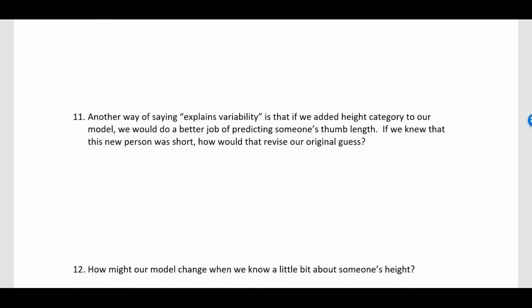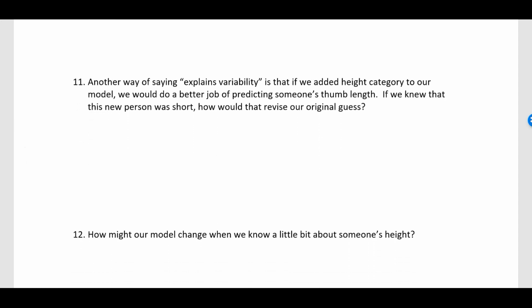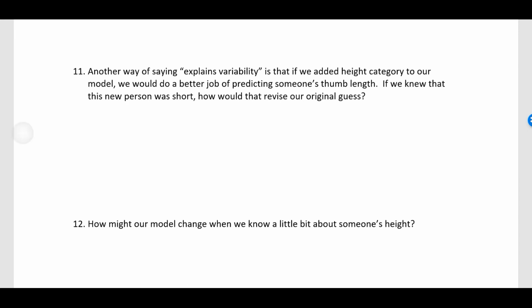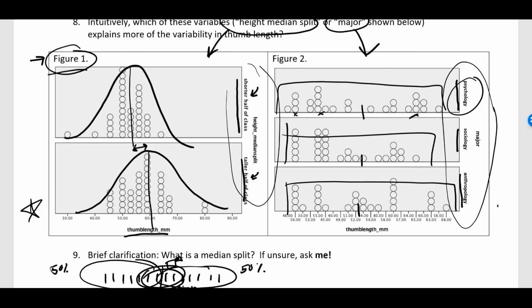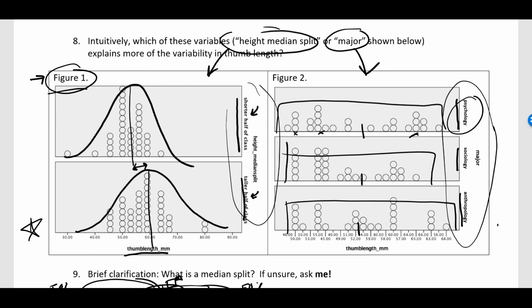We would do a better job of predicting someone's thumb length. So if we knew that person was short, how would you revise our original guess? Look back at your data and consider just the short half of the class. What value might you choose as your best guess for a short person's thumb?